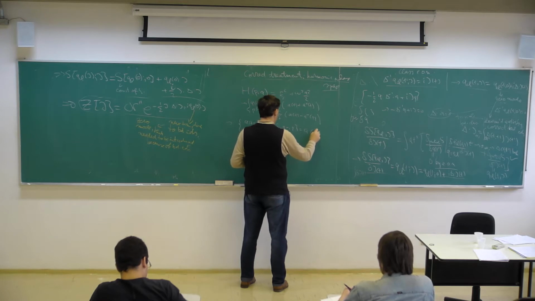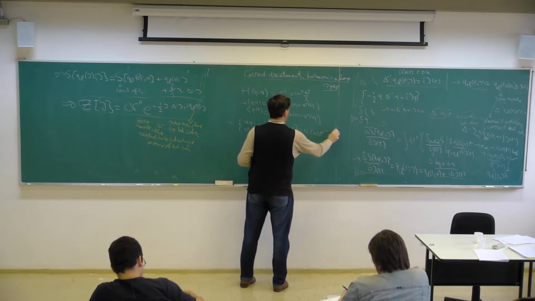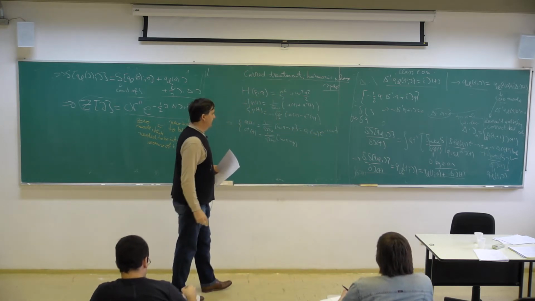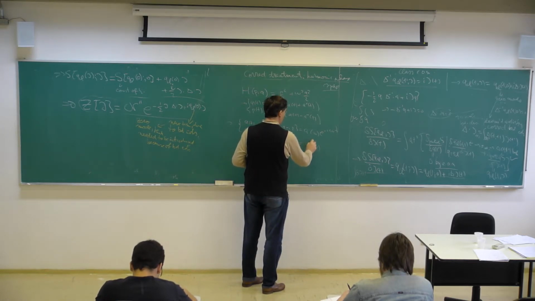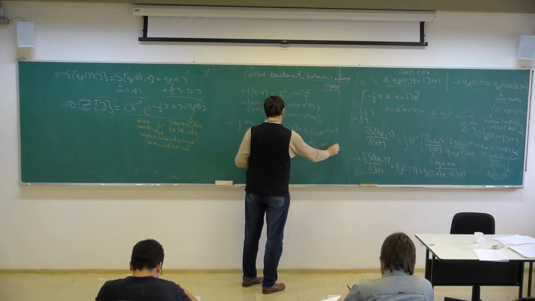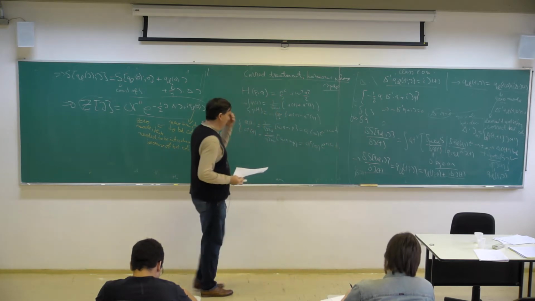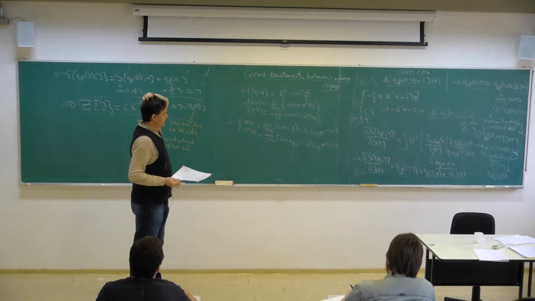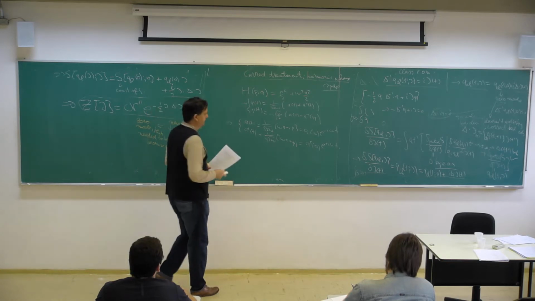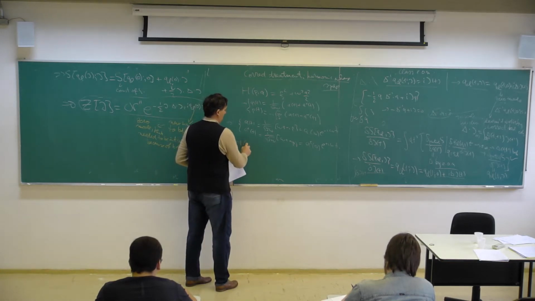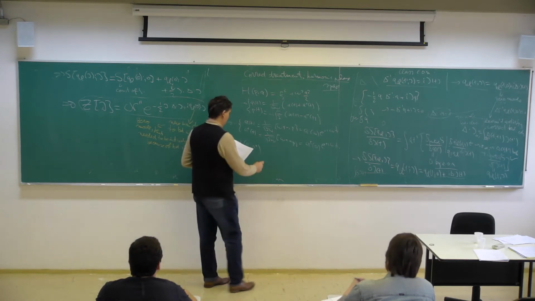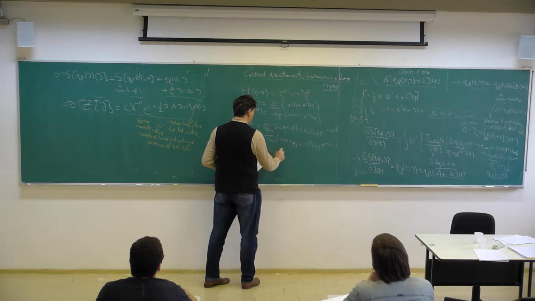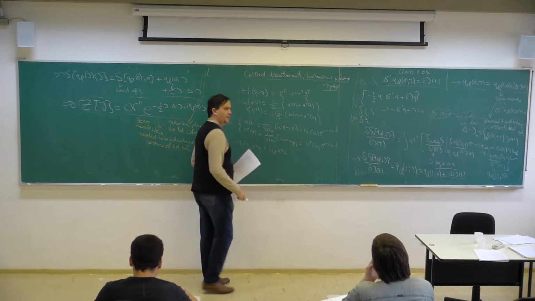And this itself depended on time as e to the minus i omega t, and e to the plus i omega t. Okay, so this was what we did before. And then in terms of this a and a dagger, the Hamiltonian was omega a dagger a, right?